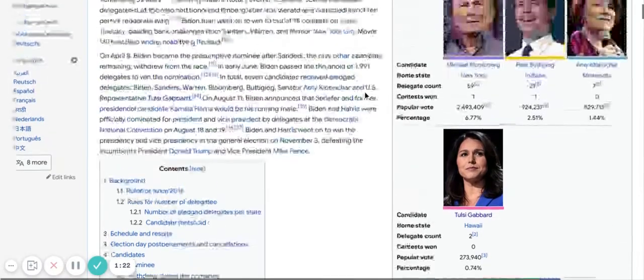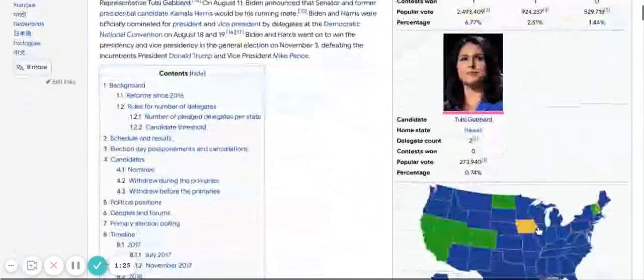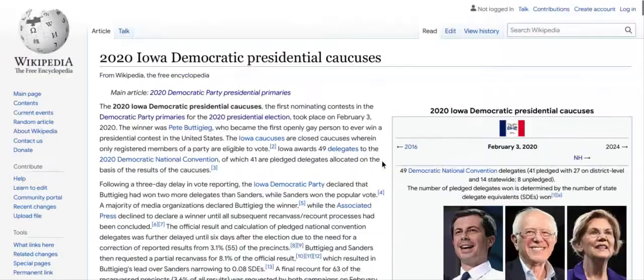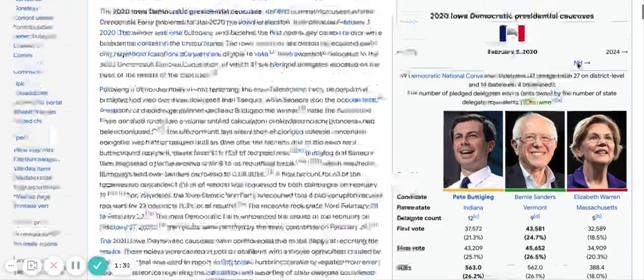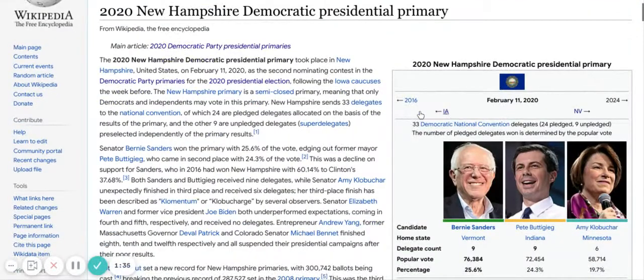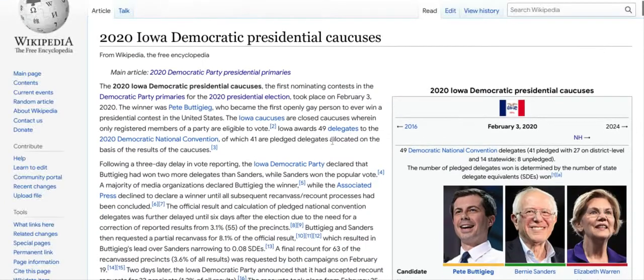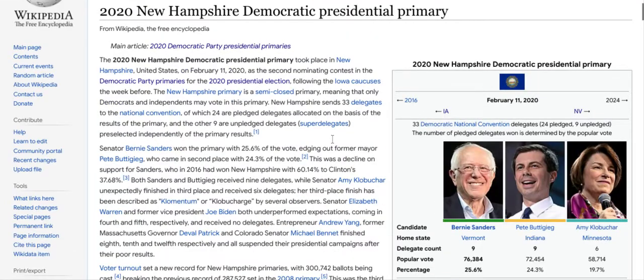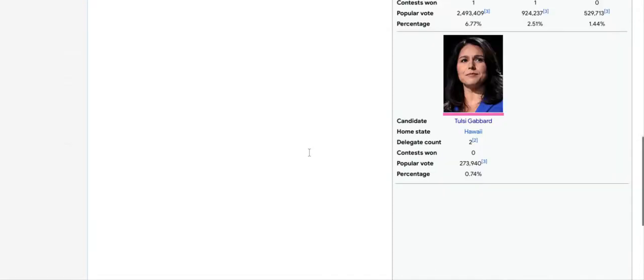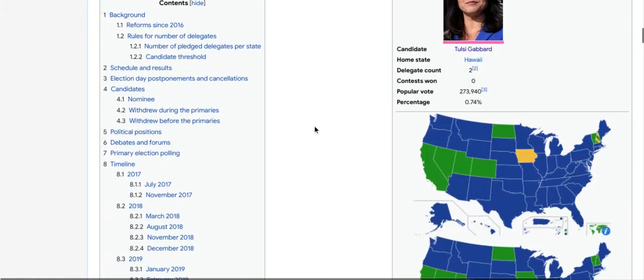So here, the first state that comes is Iowa. You might have heard of it, the Iowa caucus. Next state is New Hampshire. They all hold their primaries on different days. So think of it as elections being held on different days.